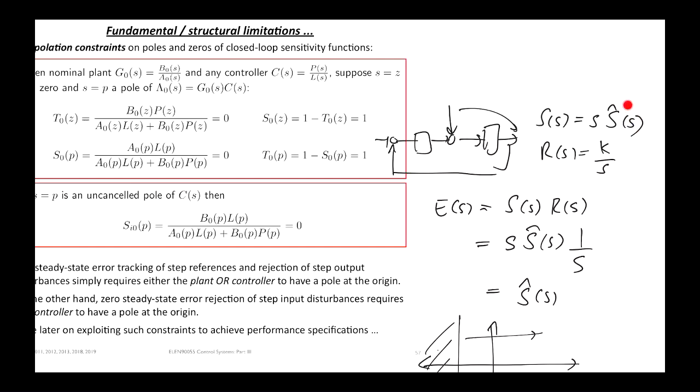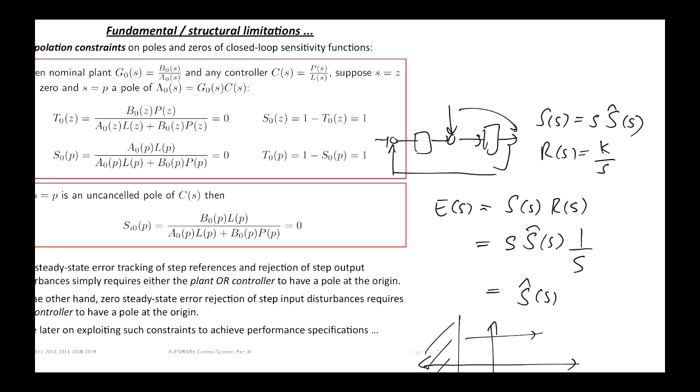Where the degree of the numerator of this rational function will be 1 less than the degree of the numerator of this, okay? And the denominators will be the same, right? This factor s coming out the front corresponds to S being 0 at 0 when there's an open loop pole at s equals 0, okay?